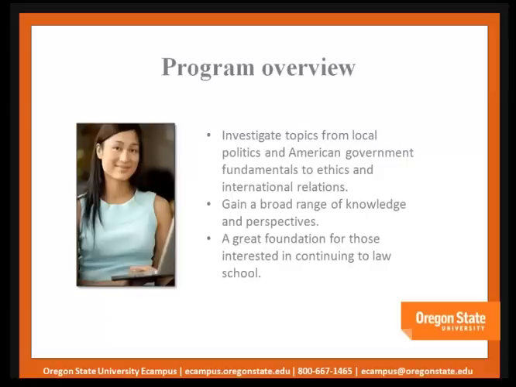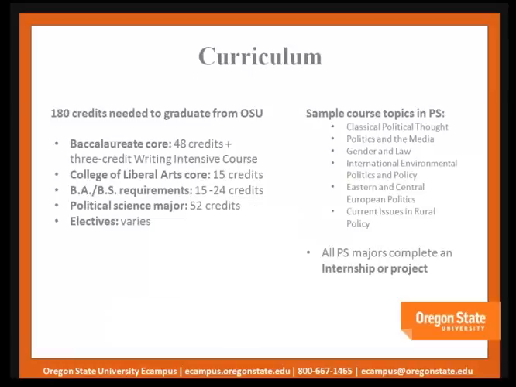A lot of people who start the program, their main goal is to get into law school. We do see that, but a lot of people do the degree just to get a job in government or to enhance a job they already have.